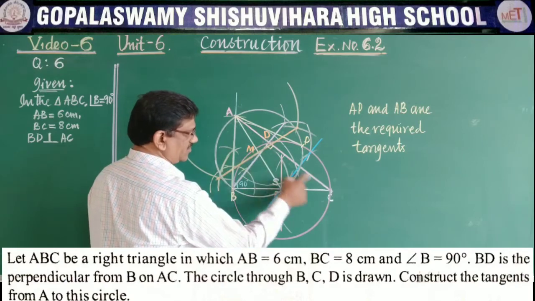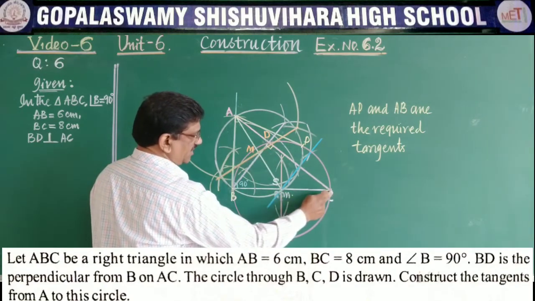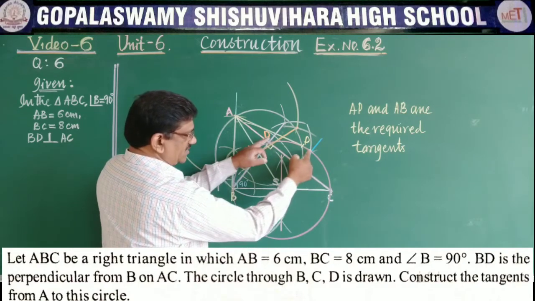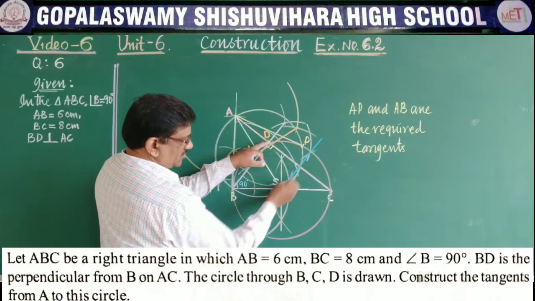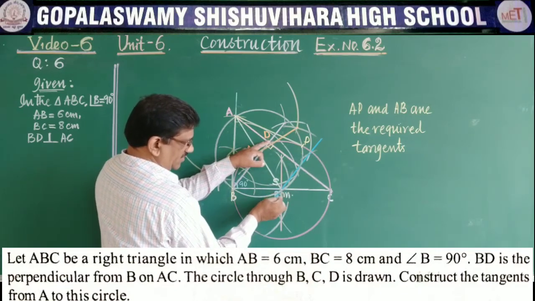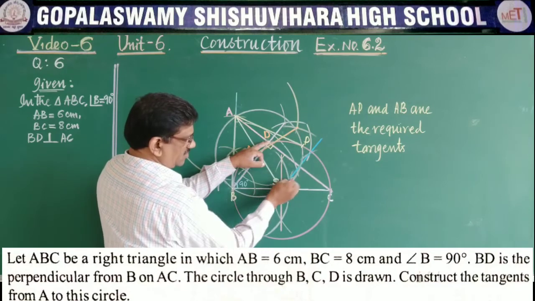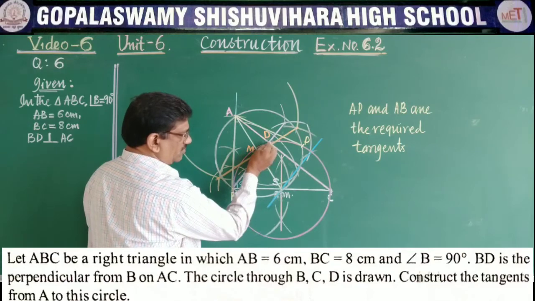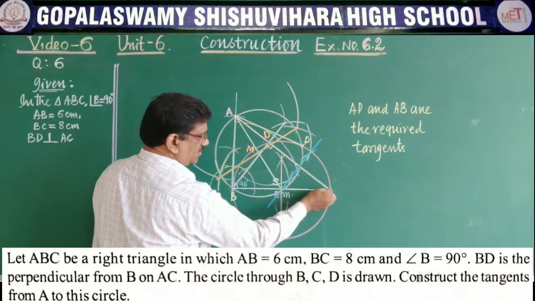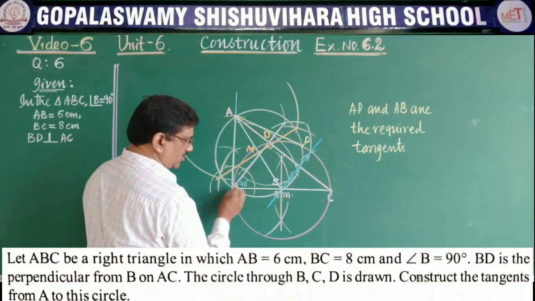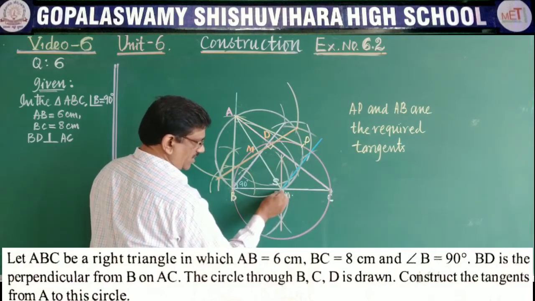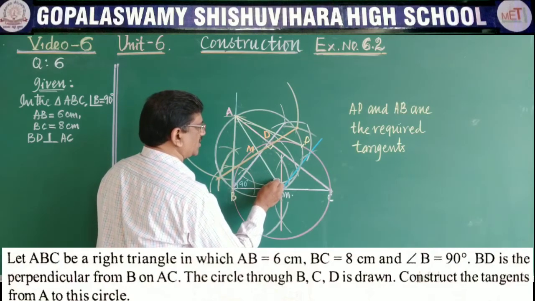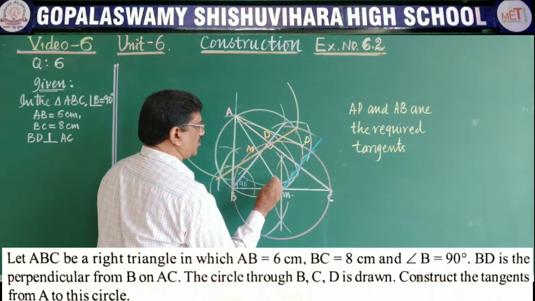Next, I have considered DC. For this, taking more than half of DC, draw arcs on either side of DC. These two cut each other at this point. When I produce that perpendicular drawn to DC, it cuts the perpendicular drawn from BC at this point. You name this point as S. What is S?